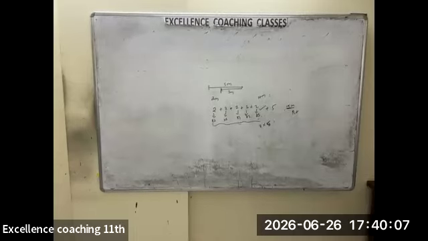Solve question number 37. A car traveling at 9 meter per second square acceleration and attains a speed of 27 meter per second in 5 seconds. Calculate the... A car traveling at 9 meter per second, that is velocity, not acceleration.